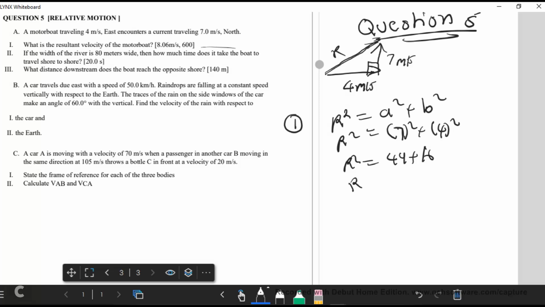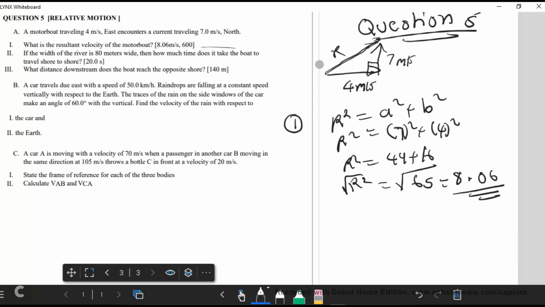Then let's calculate the square root of this, which is the square root of 65, that's 8.06.